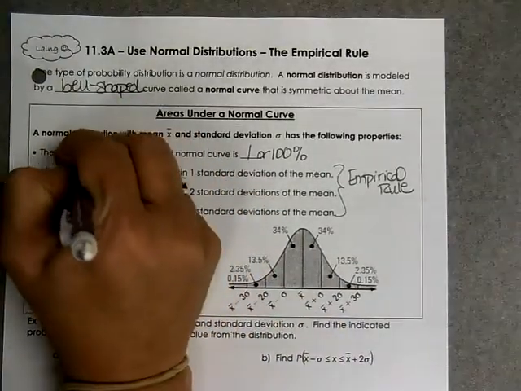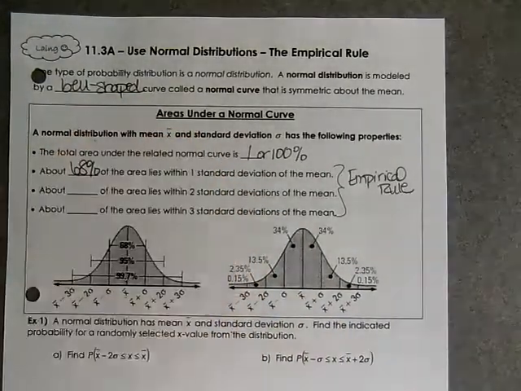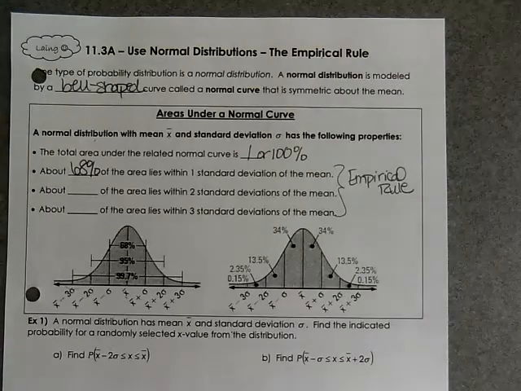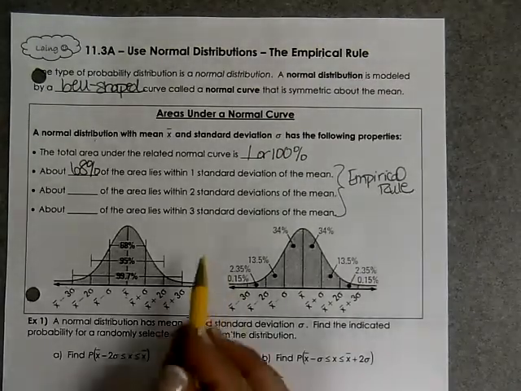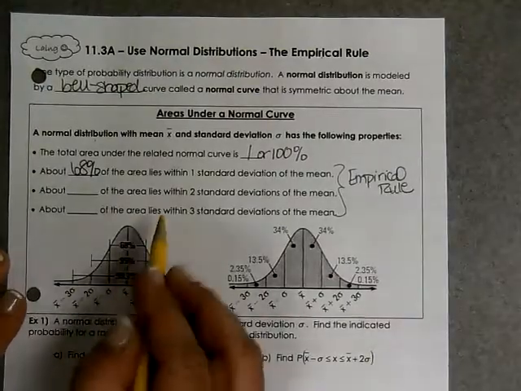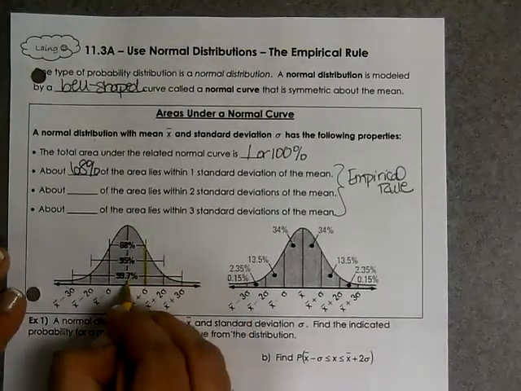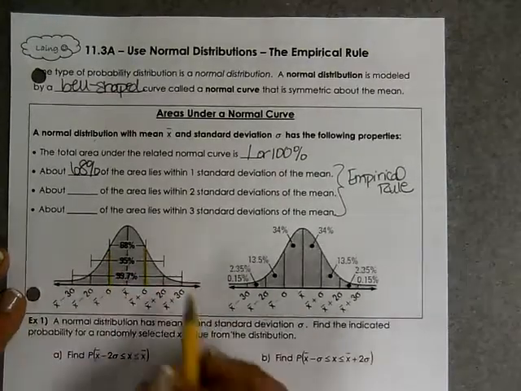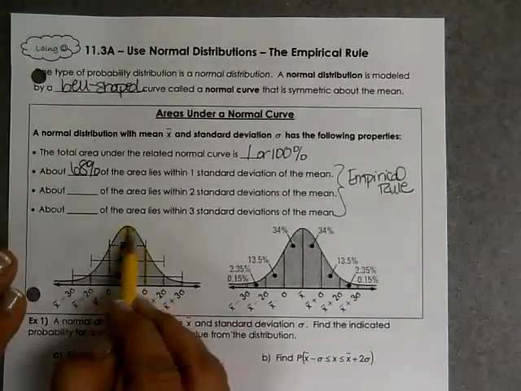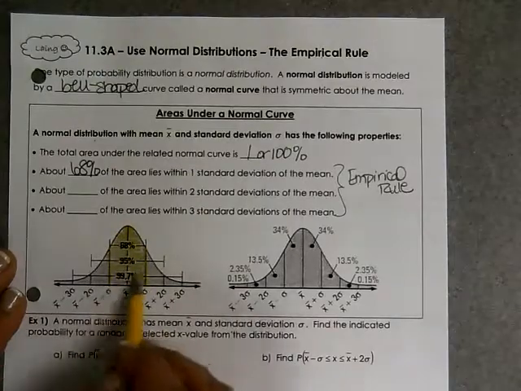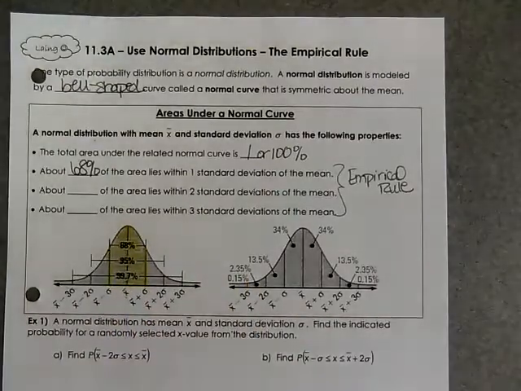About 68% of the area lies within 1 standard deviation of the mean. If we look at this picture, notice that if we have the mean, and we go 1 standard deviation up and 1 standard deviation down from the mean, this area right here would be 68%.